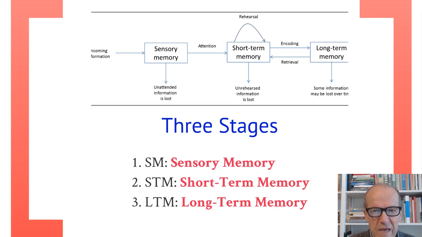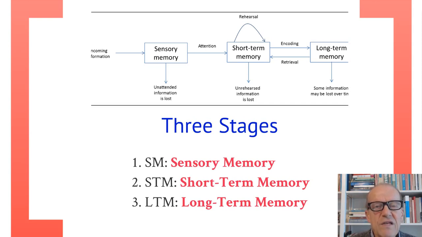unless you pay attention to the information, and through the process of attention you bring the information from the sensory memory to the short-term memory. And the short-term memory is the second stage or store or platform, or however you want to call it. And this short-term memory is basically the place where the work is being done, where information is being used and reused and integrated with existing information.